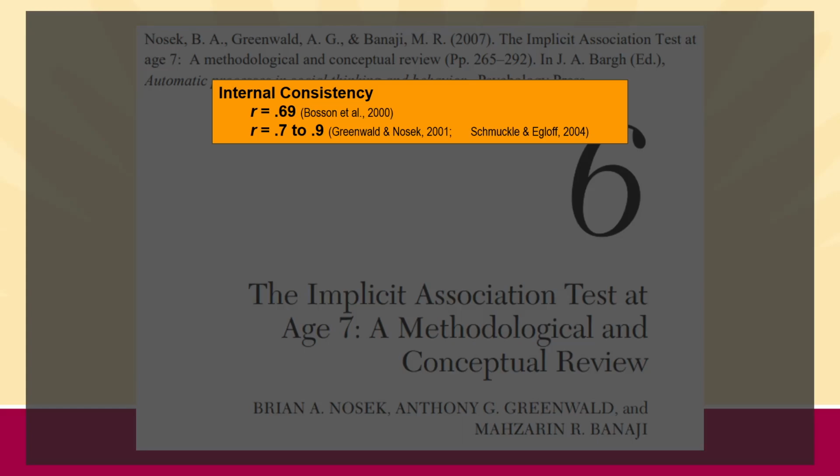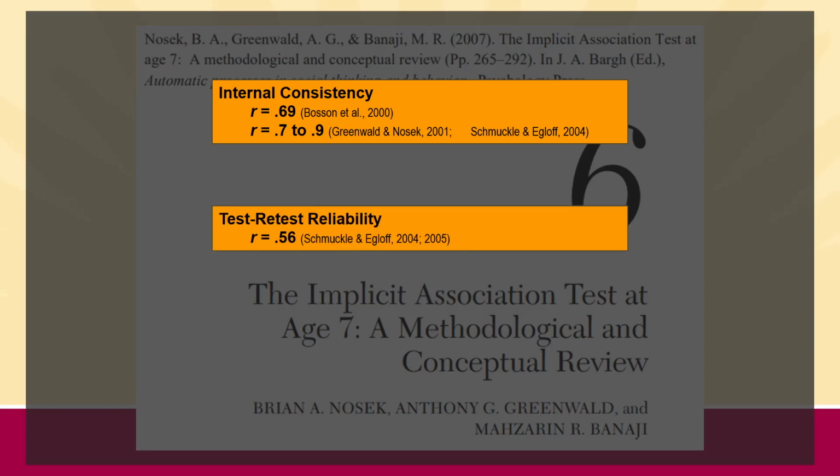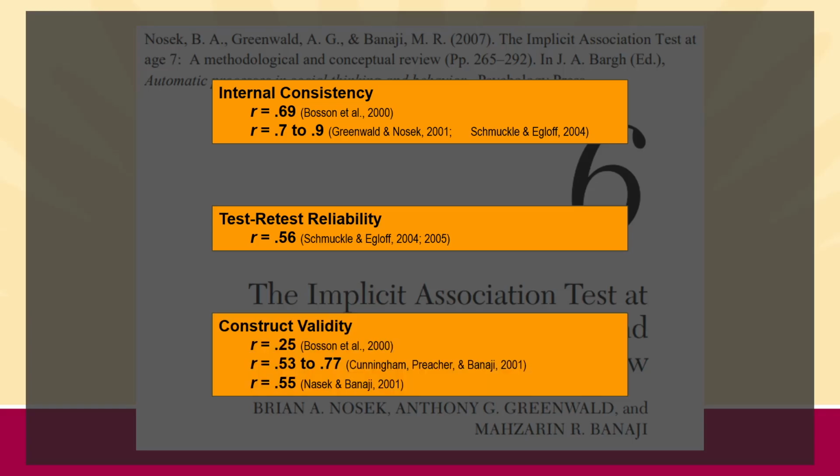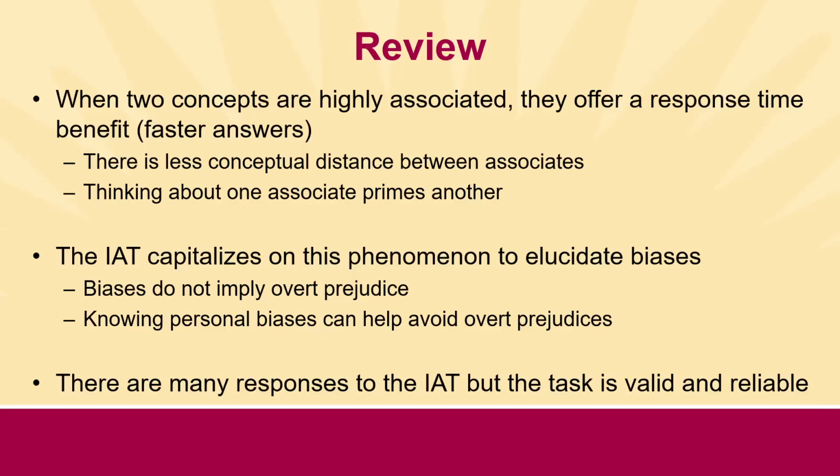In this case, it's the implicit association test. So we see that across 3 different studies, the IAT has great internal consistency, correlation of between 0.69 and 0.9. It has great test-retest reliability. This is across 2 different studies, and has good construct validity across 3 different studies. So this shows that it is both a valid and reliable measure.